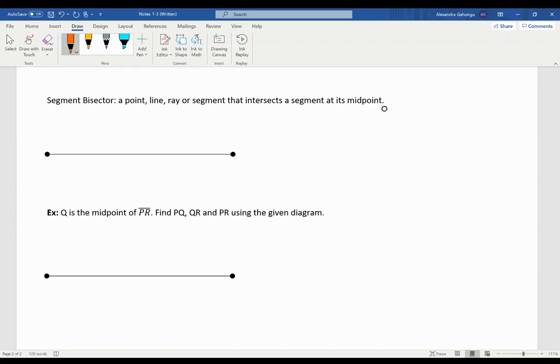So a segment bisector is a point, line, ray, or segment that intersects a segment at its midpoint. So I have my segment in this image, CD, and I'm saying, in this case, let's say we have line L is a segment bisector.